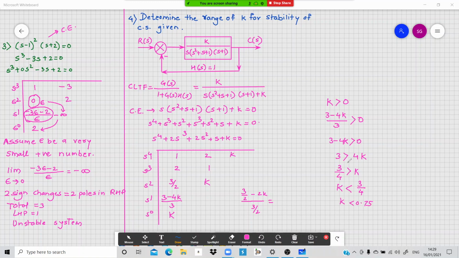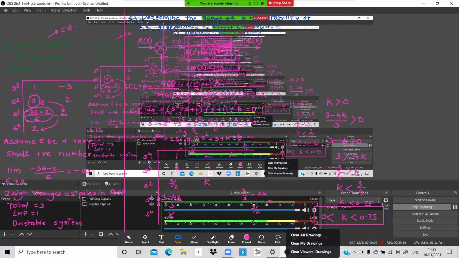K should be greater than 0 but should be less than 0.75 for the system to be stable. So this is all about the Routh criteria. Okay, next lecture we'll talk about one numerical on the root locus.